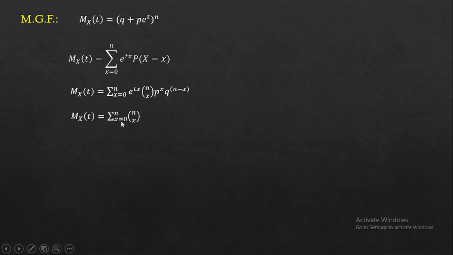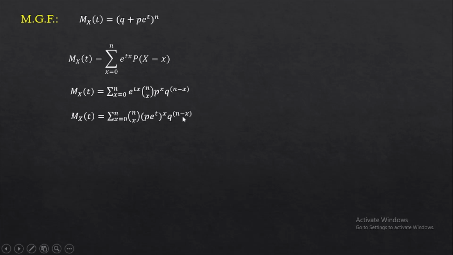So Mx of t is equal to summation nCx, this e raised to tx we can take inside. e raised to tx and p, both have the same index, दोनों की power same है x, तो इनको हम p e raised to t bracket raised to x ऐसा लिख सकते हैं.